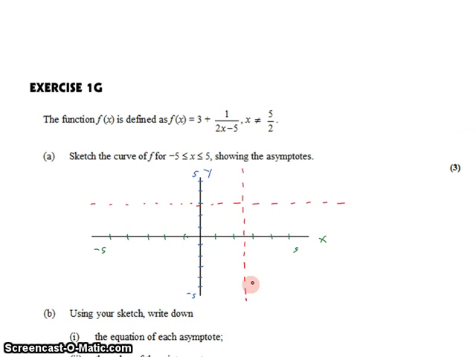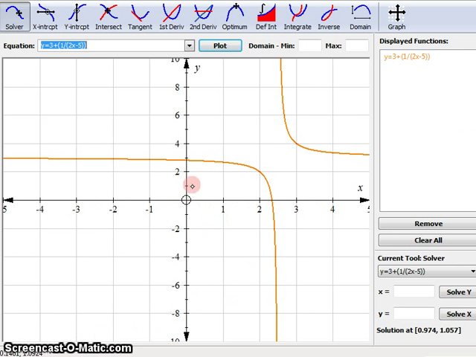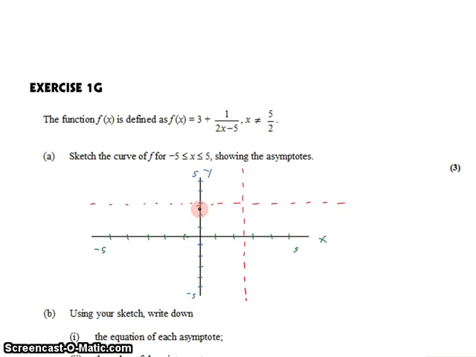Alright, so let's throw in our intercepts. One just below 3, and one just below 2.5. So there should be an intercept here, and an intercept here, and our function should follow that asymptote pretty closely right up until about here.